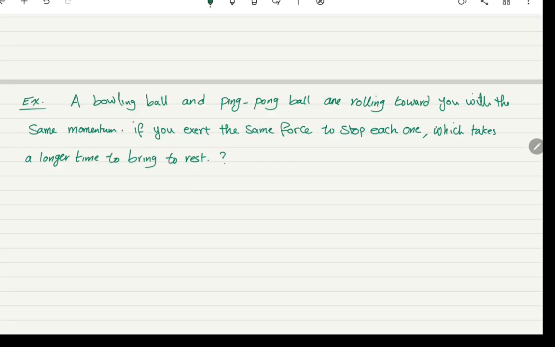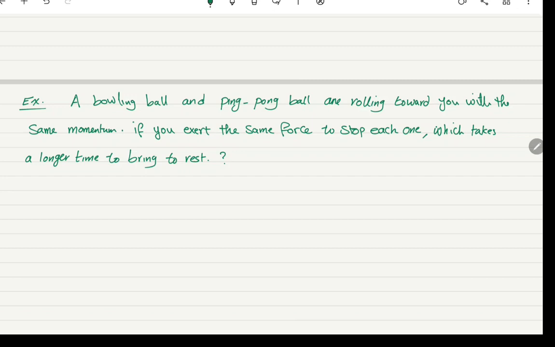Another conceptual example: a bowling ball and a ping pong ball are rolling toward you with the same momentum. If you exert the same force to stop each one, which takes a larger time to bring to rest?